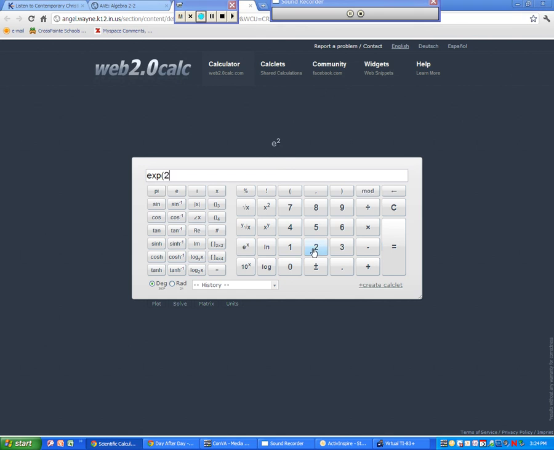If you go ahead and type it in, don't really pay attention to what it looks like over here, because when we type that in, this is what it should actually look like. So that's what we're looking for, e squared. And when you're done, just hit equals. May take it a few seconds while it's calculating. You know how the internet is.